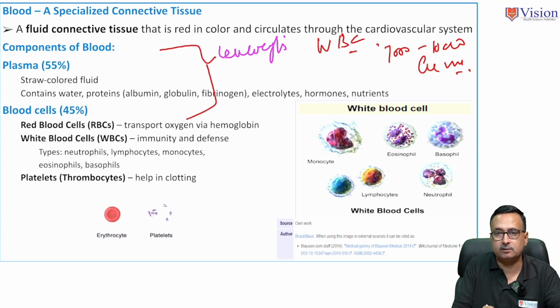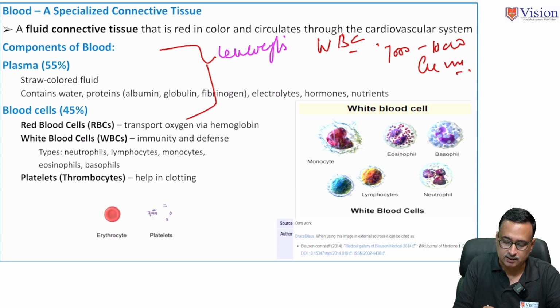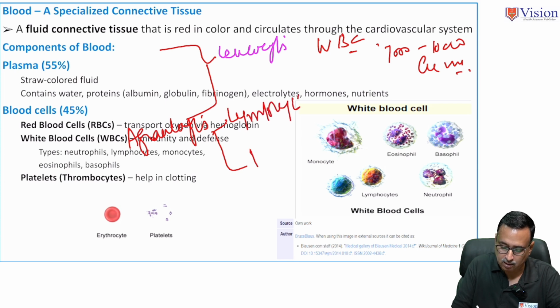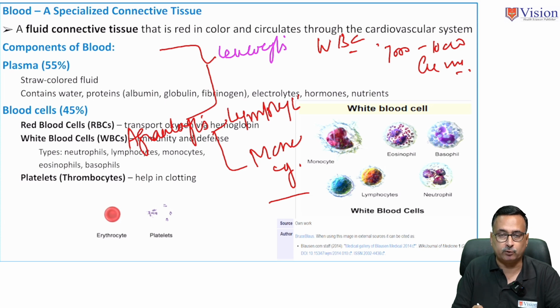When the leukocytes do not contain granules in the cytoplasm, these are called agranulocytes. Agranulocytes, depending on the function, are of two categories. One is lymphocytes, another is monocytes. Monocytes are phagocytic in nature, engulf and destroy pathogens.